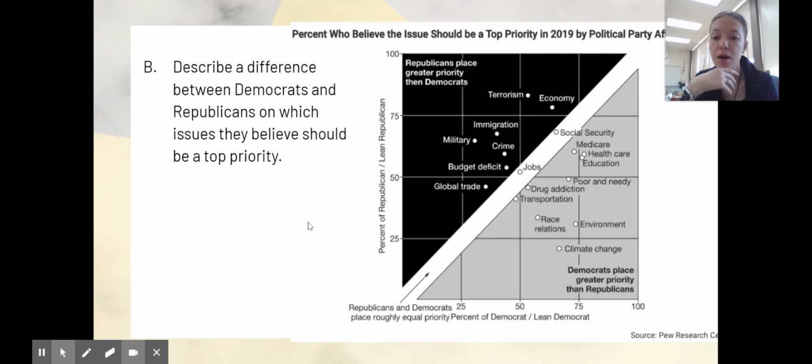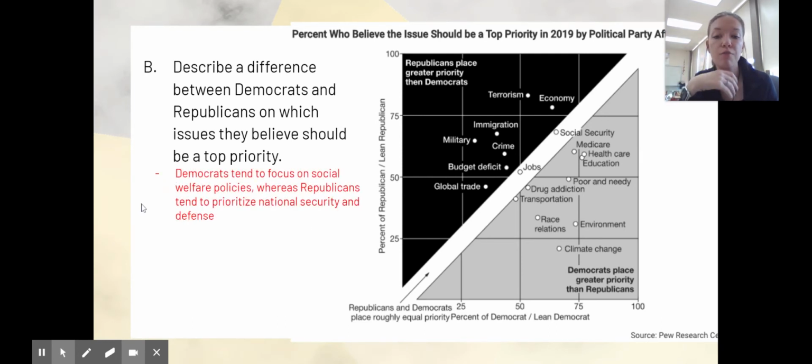You can do either. So, for example, you could have said something along the lines of Democrats tend to focus on social welfare policies, whereas Republicans tend to prioritize national security and defense. If we're looking at this chart, Democrats are going to focus on those social welfare programs like drug addiction, the poor and needy, education, Medicare, healthcare.